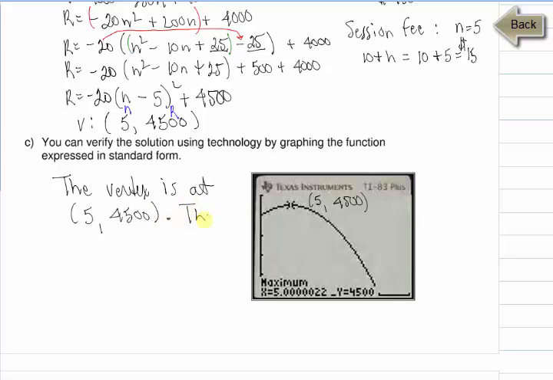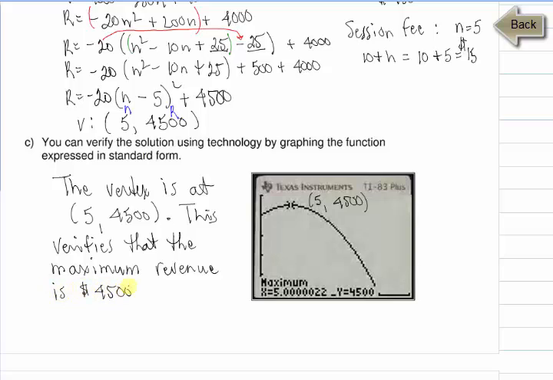This verifies that the maximum revenue is $4,500, and the session fee is, in this case, 10 plus n, which is 10 plus 5, which is $15.